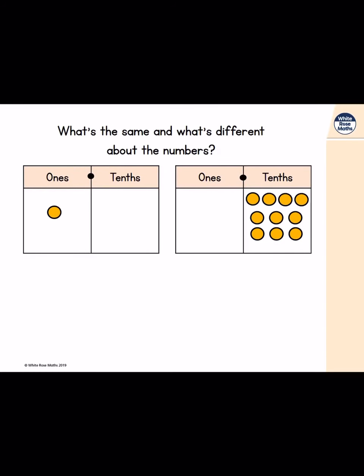Look at the numbers in these 2 place value grids. What's the same and what's different? In the one on the left, we can see 1 in the ones column. In the one on the right, we can see 10 in the tenths column. But hold on, we can't have 10 in any place value column.